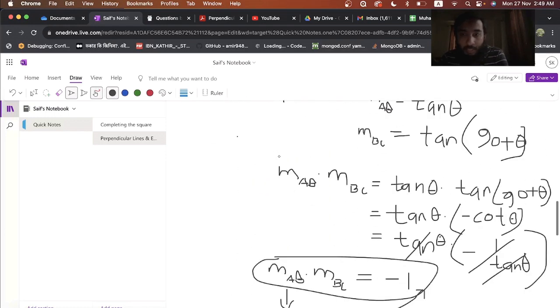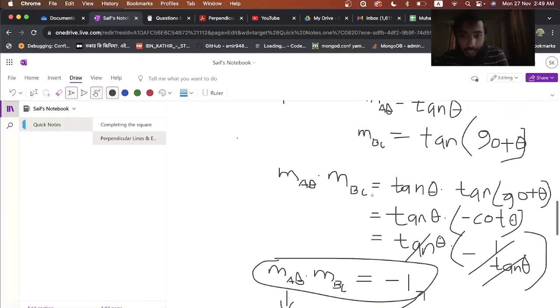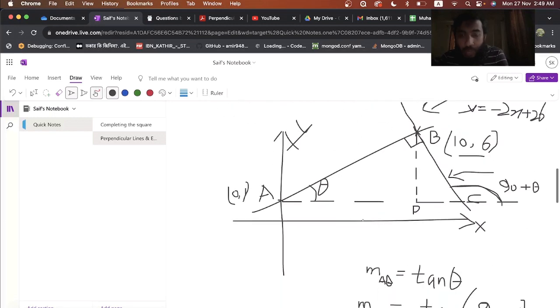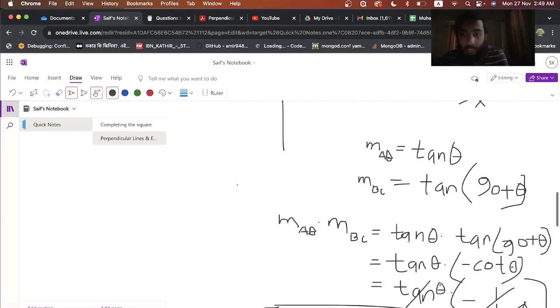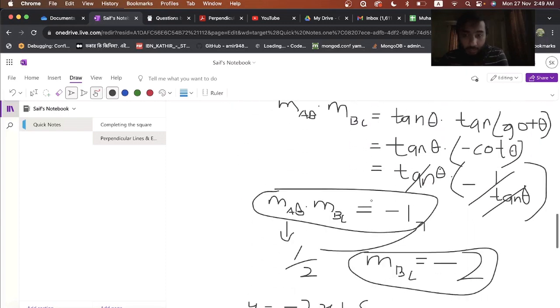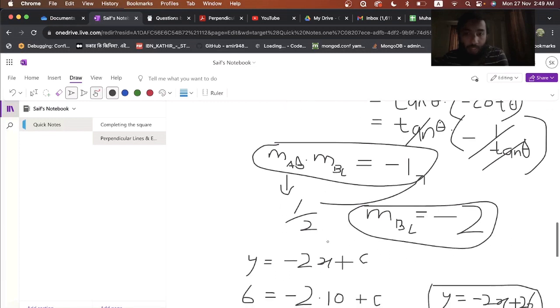And for the third one, I explained how the multiplication of the slopes of two straight lines that are perpendicular to each other is minus 1, by demonstrating the theory using the trigonometric formula.